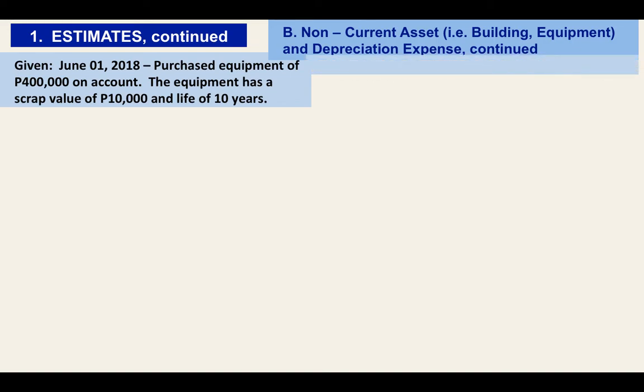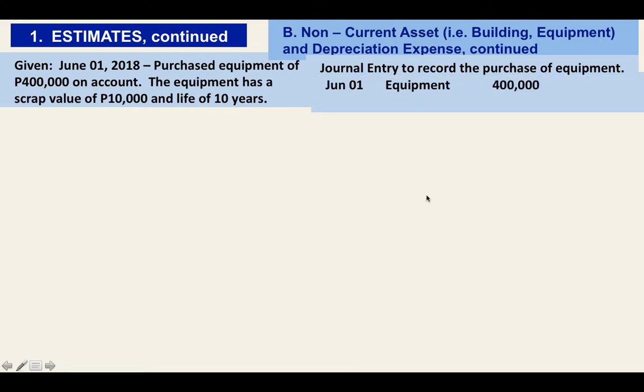Okay, let's have an illustration. On June 1st, 2018, purchase equipment of 400,000 on account. The equipment has a scrap value of 10,000 and life of 10 years. So if we are going to record the purchase of equipment on June 1st, we will debit equipment and credit accounts payable.